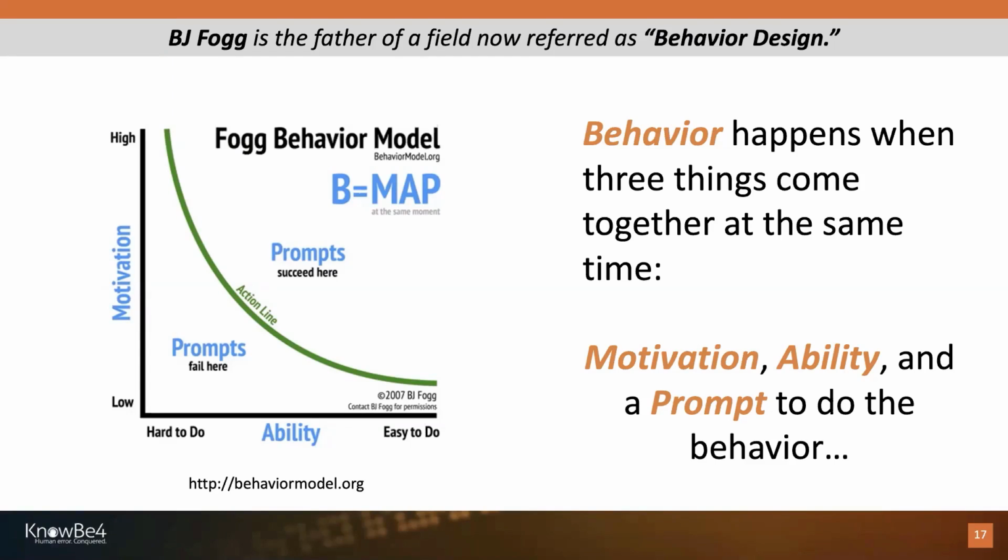So by definition, if one of those elements is missing, well, then the behavior won't happen. I can have all of the motivation in the world, or I can have the internal prompt. Let's say the behavior that I want to do is lift a 300-pound rock, and I could be outside.